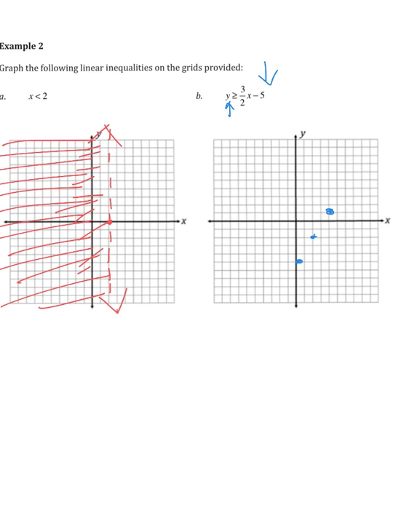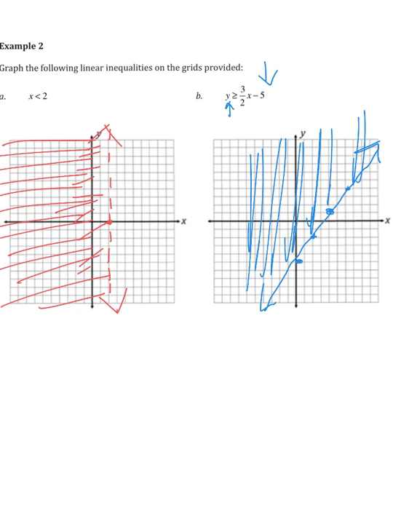Then you connect the points, using a straight edge. All values for y are above this line, so shading is up here.